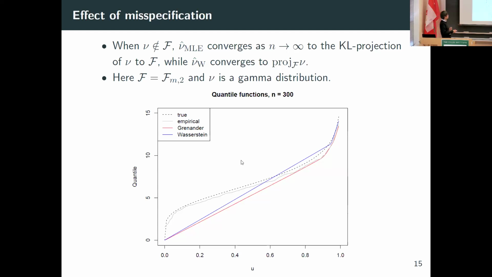This is the quantile function of the gamma, and you sample some data, so it's approximately the gamma. The Grenander estimator is the MLE, and it is known that the quantile function of the Grenander estimator is the convex minorant of the empirical quantile function. So it is always below the true one. The Wasserstein one will move a little bit up.